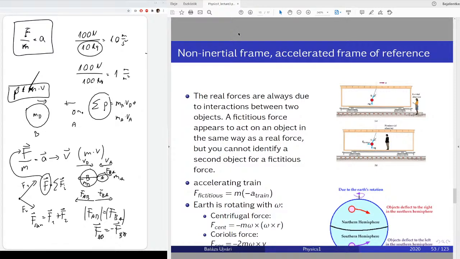These are the so-called real forces, but for example, we can travel several times when your coordinate system, the internal part of the car or the bus or the tram, is accelerated.